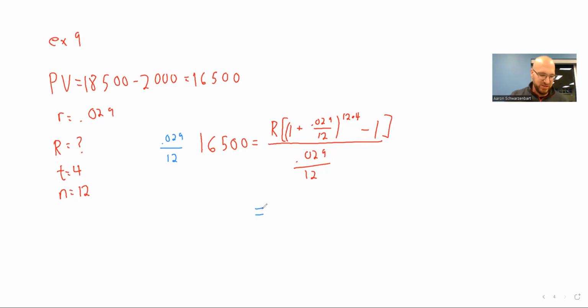I'm just going to do that on my calculator here. Let's go back to red. Gives me 39.875 equals R.